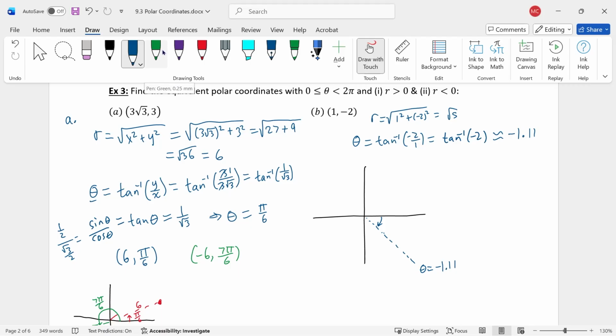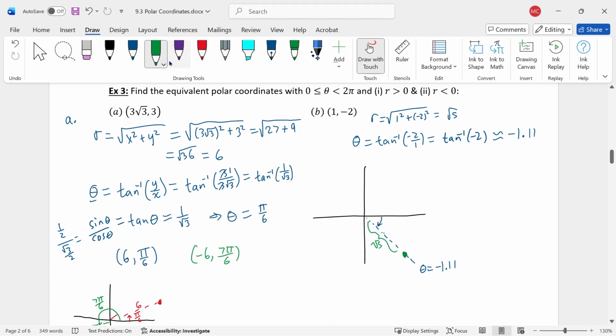And then the radius, of course, is square root of 5. So if I want another point but this time where the angle is between 0 and 2 pi, well, let me rephrase that. I want both points to have angles between 0 and 2 pi, but tangent inverse doesn't give me that, because tangent inverse here gives me a negative angle.